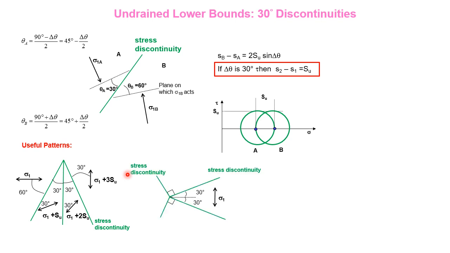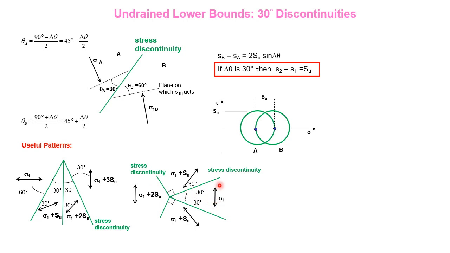This is another pattern that might be useful. There's sigma 1 in this zone. That's approaching this line at 60 degrees, or the plane on which it acts is approaching at 30 degrees. So we rotate by 30 degrees, add SU, but now we're approaching the other way to this discontinuity. So you add SU, but you rotate backwards.